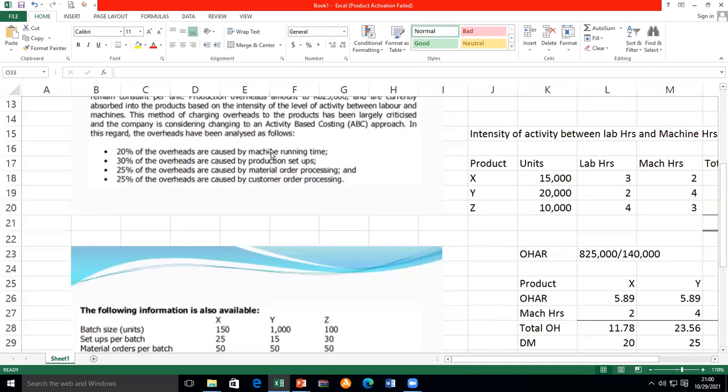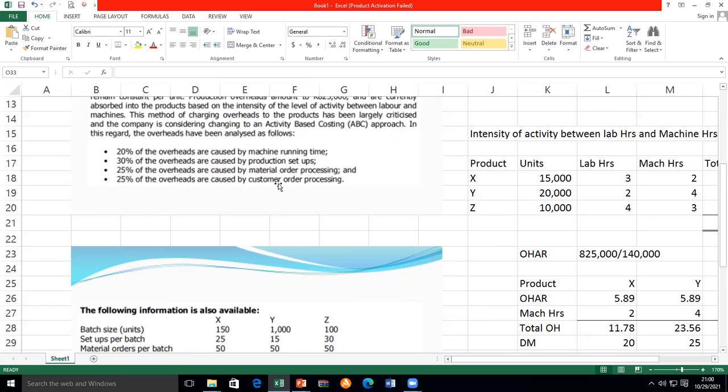These are pools, cost pools or activities. They've already been structured, and even the amount of cost has already been identified.